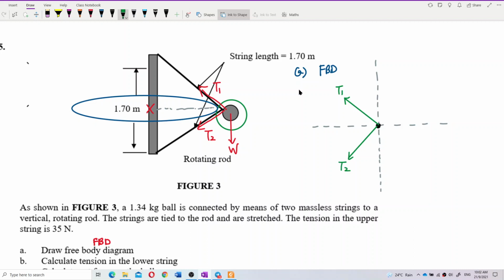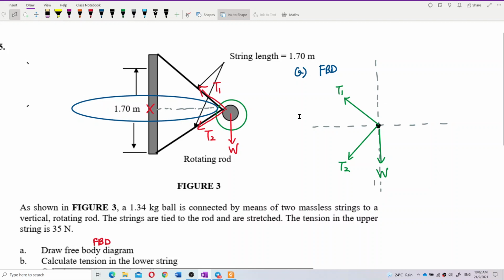Then you have the weight going downward. What else? You have the angle theta. But we don't know what the angle theta is. Never mind, later we will find out.